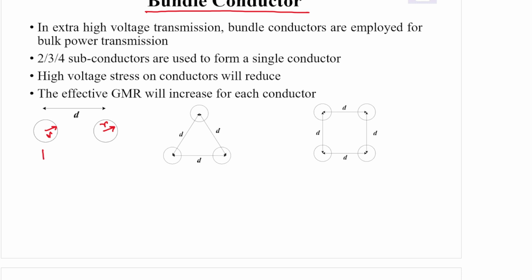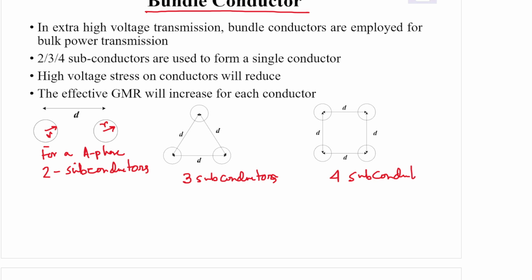That means for a particular phase, we have two subconductors. In the second diagram, we have three subconductors. Similarly, we have four subconductors in this diagram.